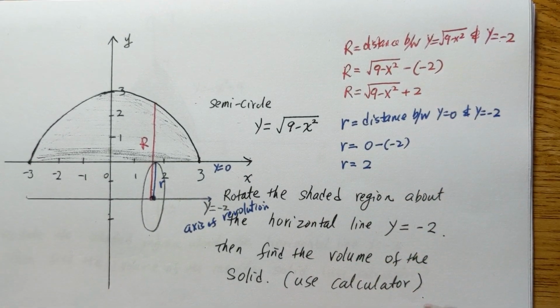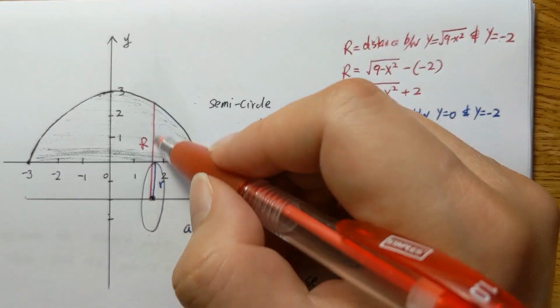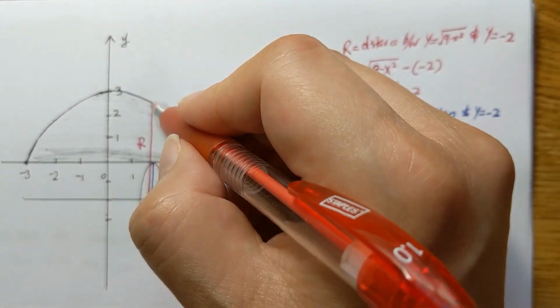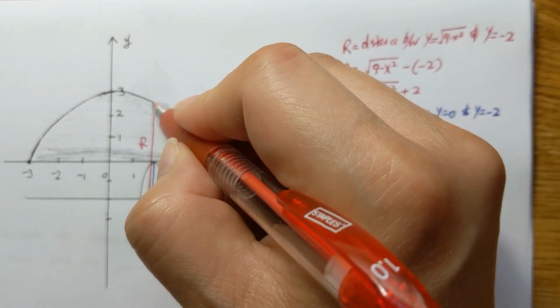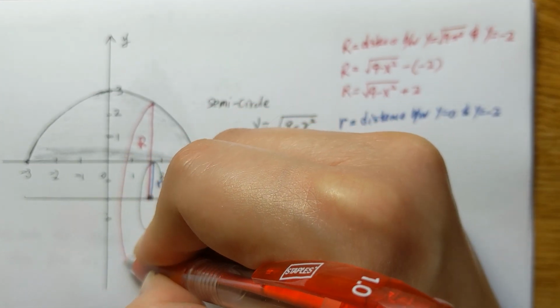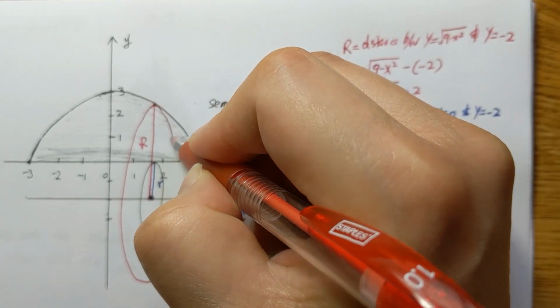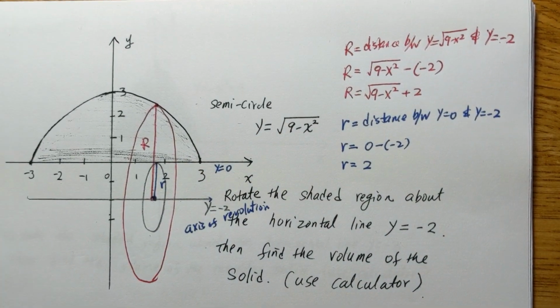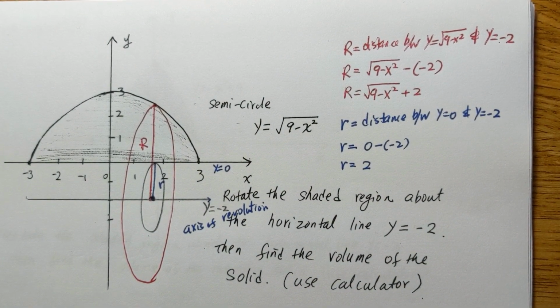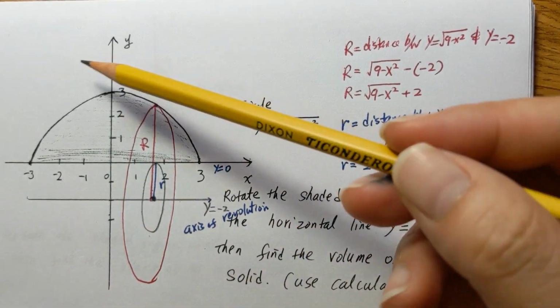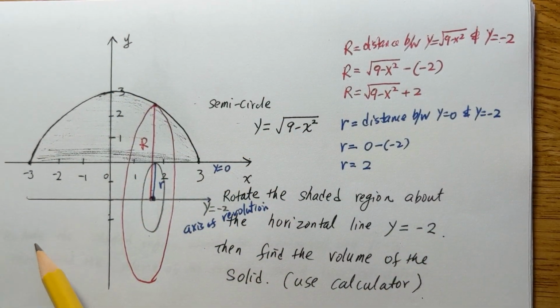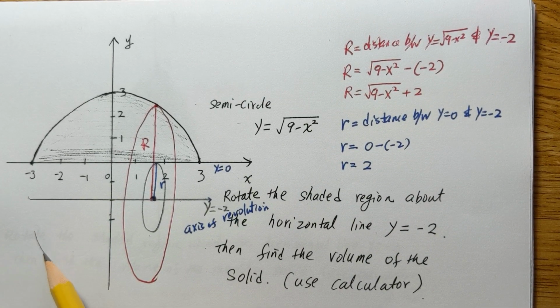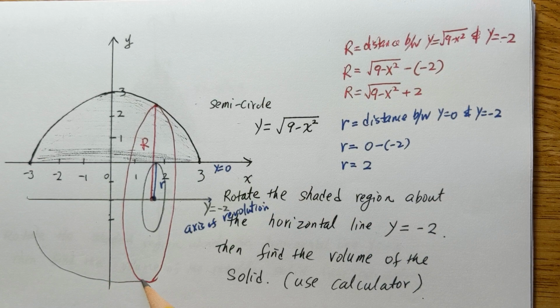So now I am going to draw my cross section. Okay, it's kind of difficult to see how it looks like. If you imagine it rotate this way, let me just do a little bit of art over here so maybe you can see it better.